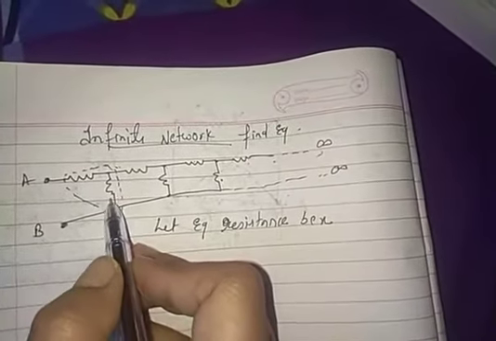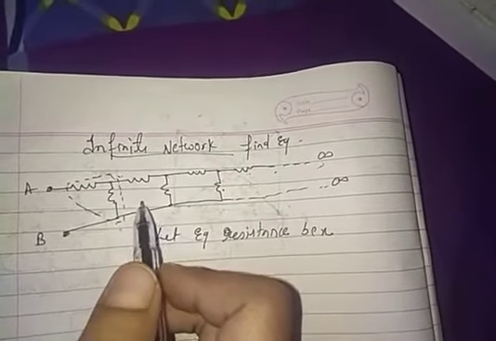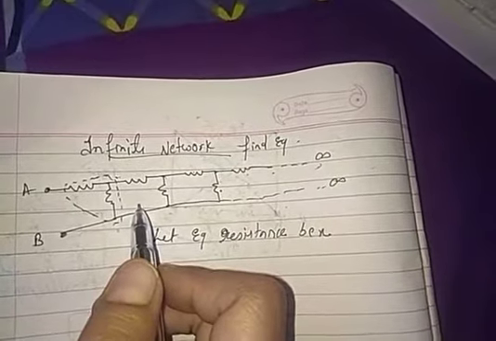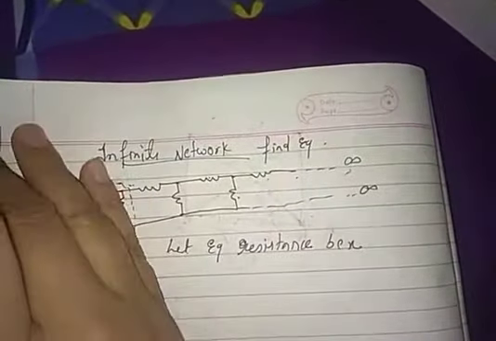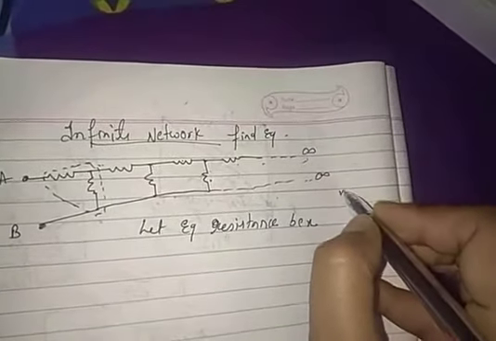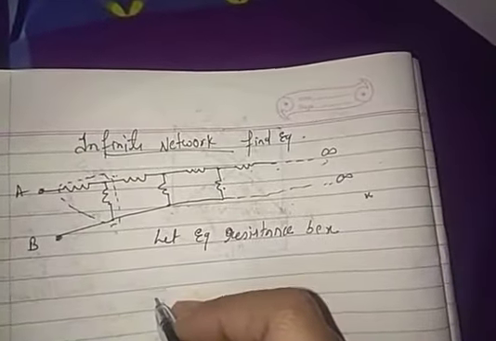So by leaving a unit, find the equivalent resistance. We have left only this unit. Now on adding this X on this, will there be any change? No, because it is an infinite combination.